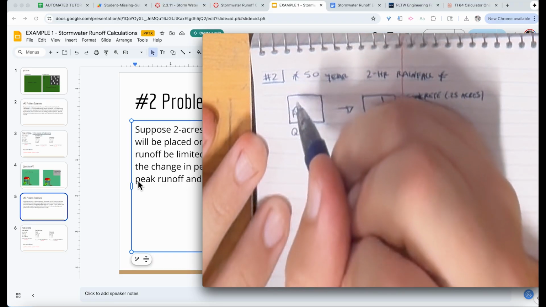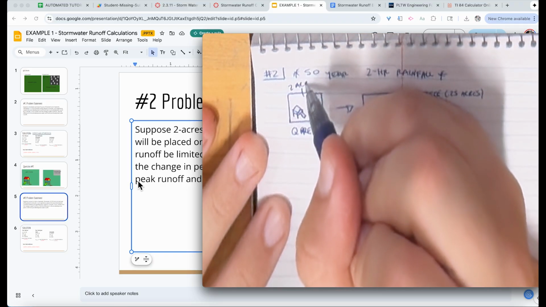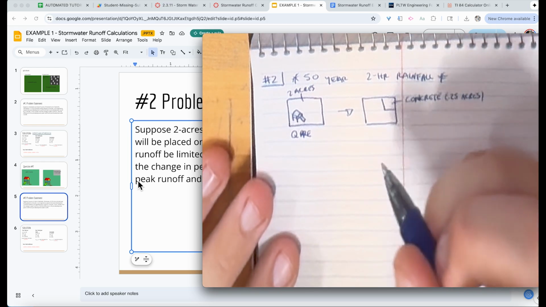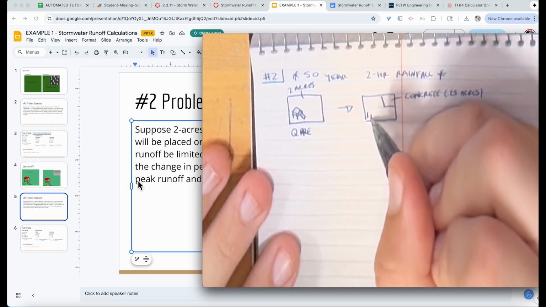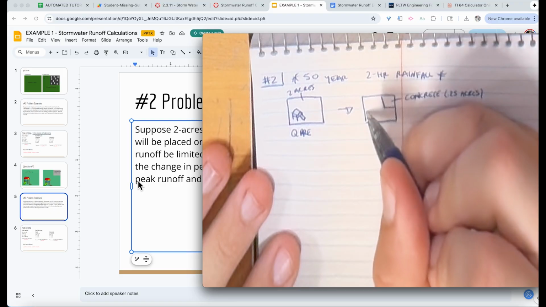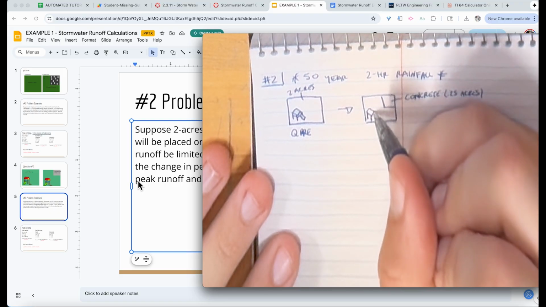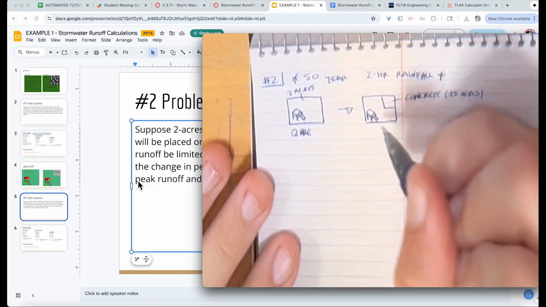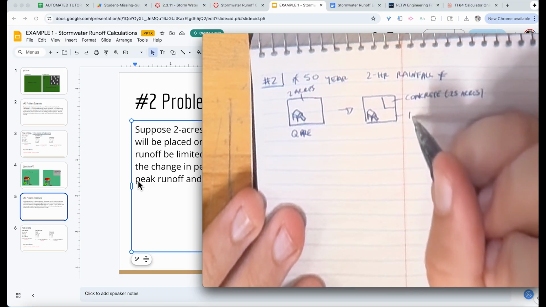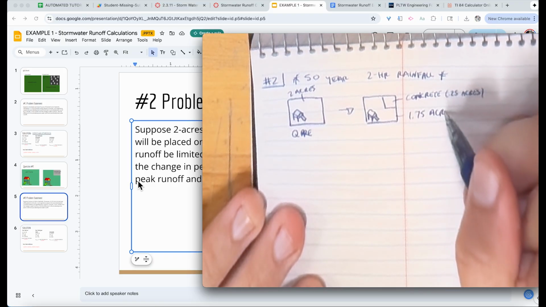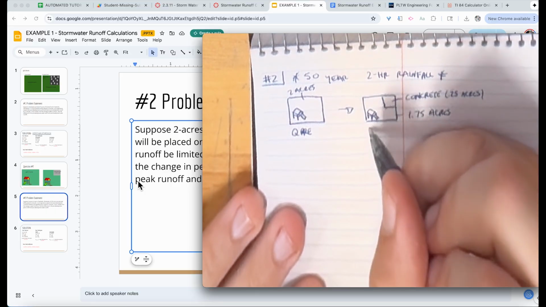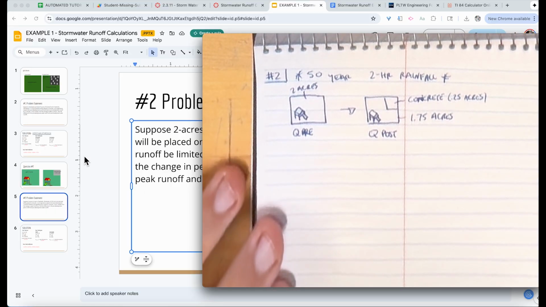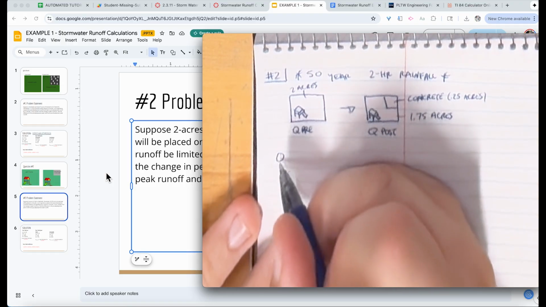This was initially 2 acres, so the remaining 1.75 acres is going to be our park here. Let's create a little slide again. There we go. So 1.75 acres of the park is the Q post scenario there. Okay, starting off, let's calculate Q pre.